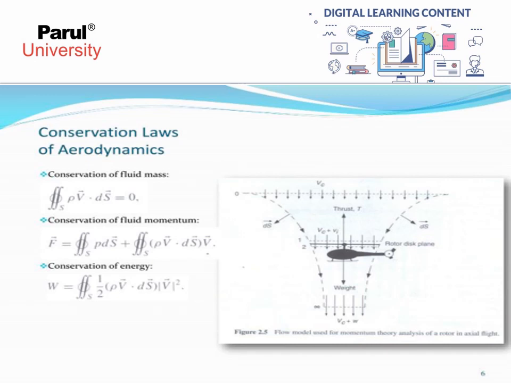Now the conservation laws of aerodynamics. In this unit, conservation of fluid mass: the closed surface integral of rho v dS is the continuity equation, equal to a constant. Next is conservation of fluid momentum: the force is equal to the closed surface integral of p dS plus the closed surface integral of rho v dS into v.